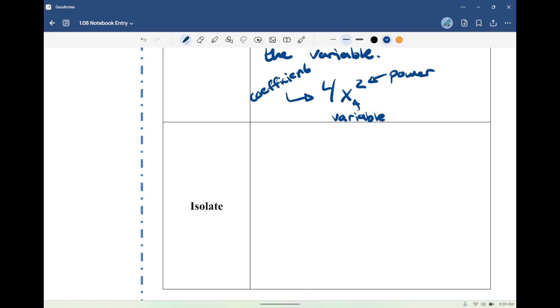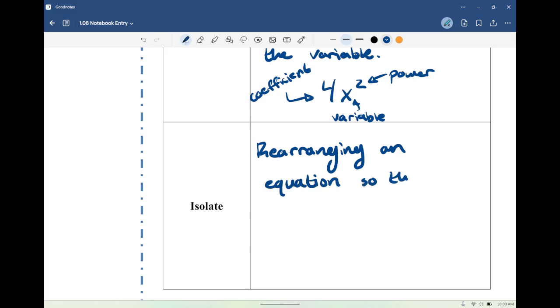And so then we're going to talk about what it means to actually isolate. We've been doing this, and this is not as big of a concern, however, it is not a word that we have stamped together. When we isolate, we are rearranging an equation so that the variable is on its own.